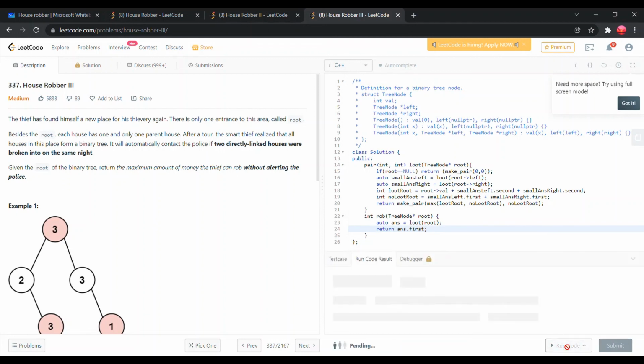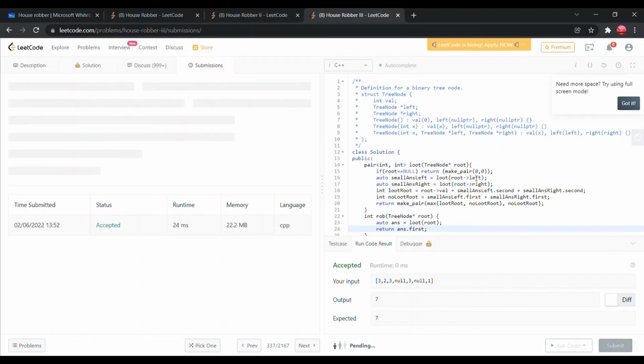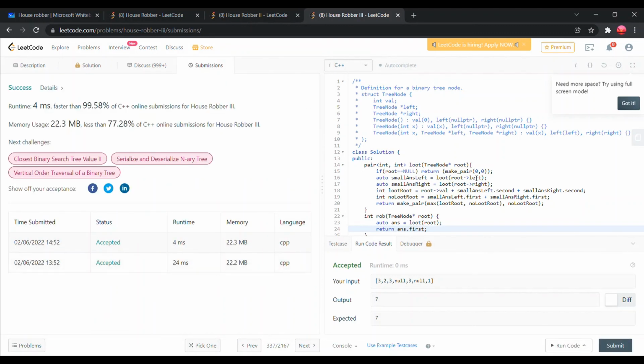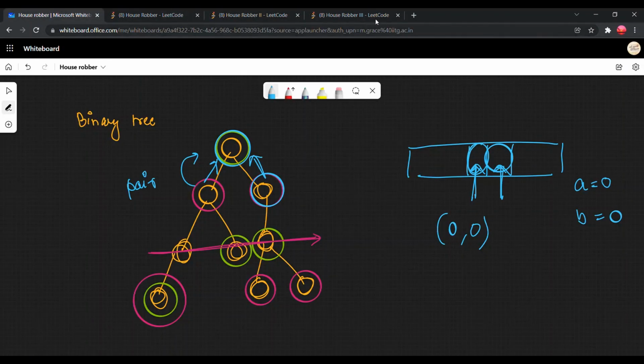I think it will always be the case that, let's see if it works. Yep, and it works. So yeah, I hope you guys understood what I was trying to explain. Thank you.